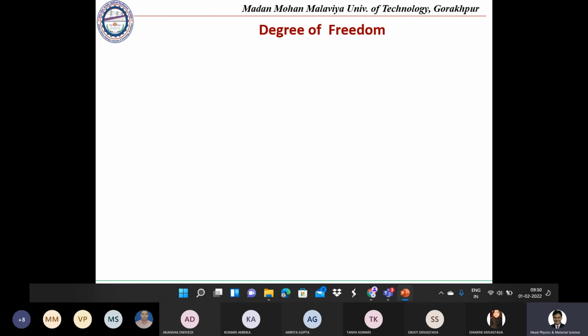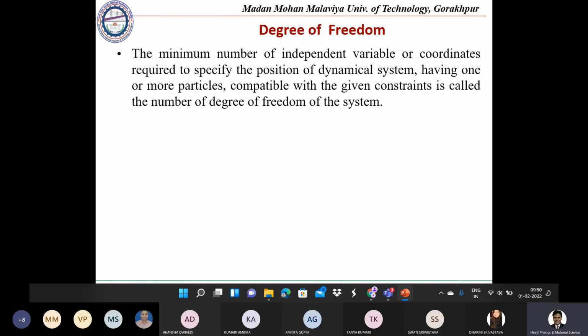Now let us see what the degree of freedom is, which this lecture is dedicated to. The minimum number of independent variables or coordinates required to specify the position of a dynamical system having one or more particles, compatible with a given constraint, is called the number of degrees of freedom of the system.